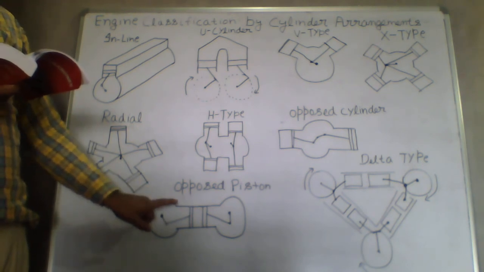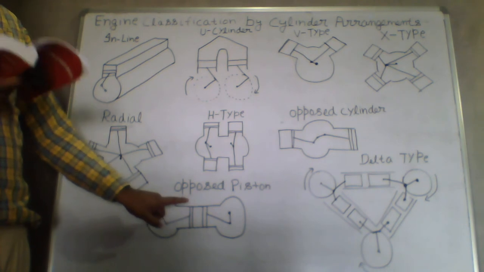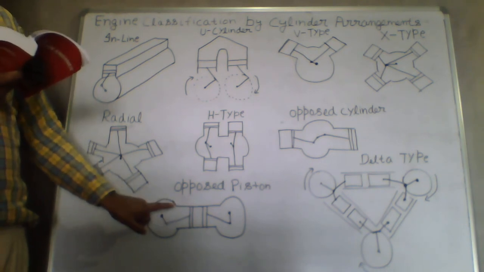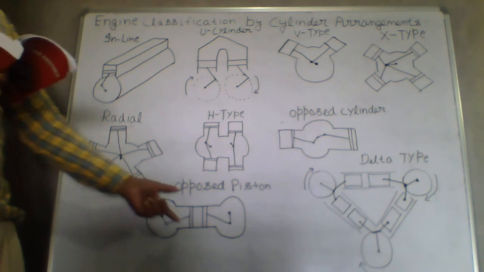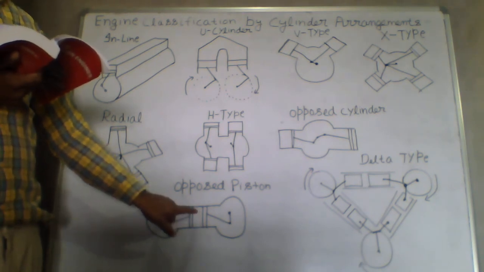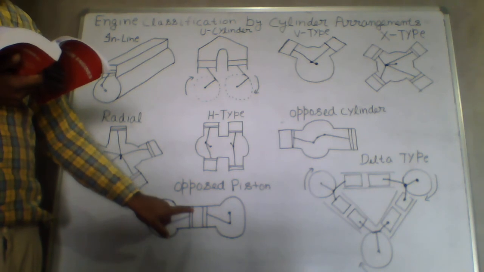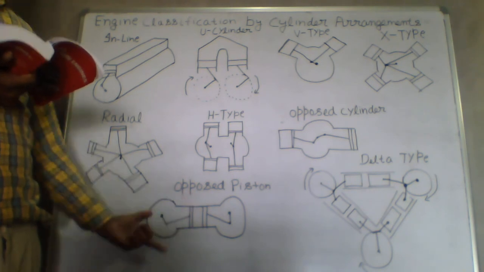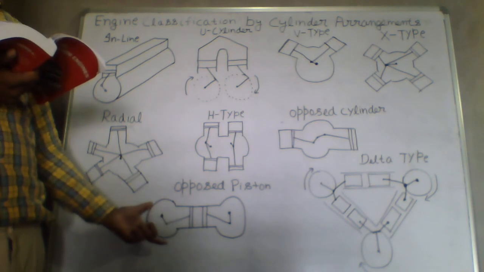The opposed piston arrangement, like the opposed cylinder arrangement, is well balanced. Further, there is no cylinder head. By its inherent feature, this engine usually functions on the principle of a two-stroke engine. So this type of arrangement is used in two-stroke engines.